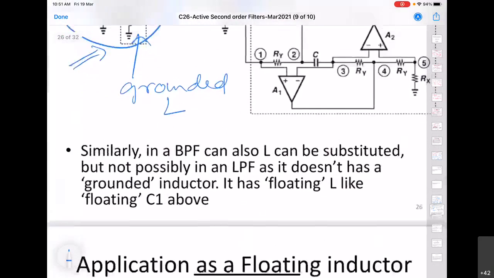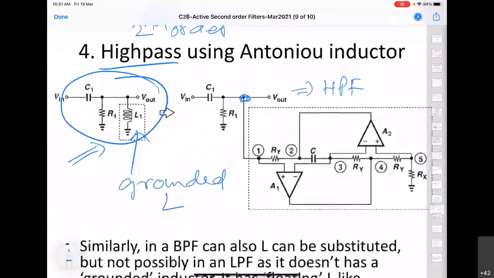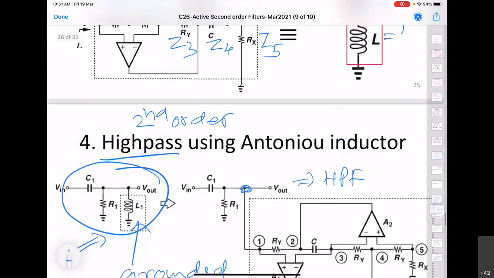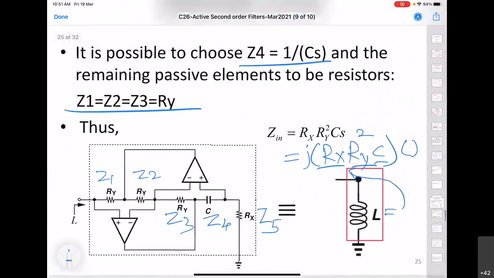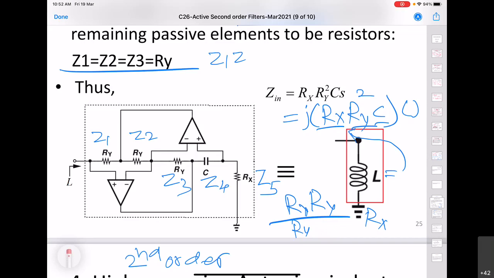Yes. So can you go to the upper slide, the next one, the previous one? Sir, why is there Ry square? Shouldn't it be Ry? Because in the division there will also be one Z2, which is also Ry. One by CS.